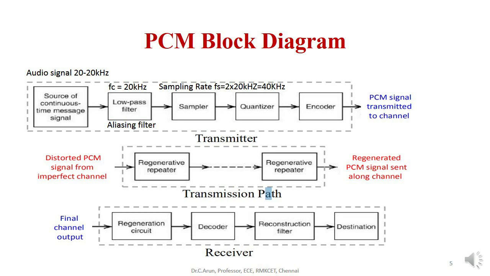Before performing the sampling process, we identify the maximum frequency of the audio signal. In this example, 20 kilohertz is the maximum frequency, so the low pass filter will allow 20 Hz to 20 kilohertz. If the maximum allowed frequency is 20 kilohertz, the sampling rate requirement is 2 into 20, which is 40 kilohertz.